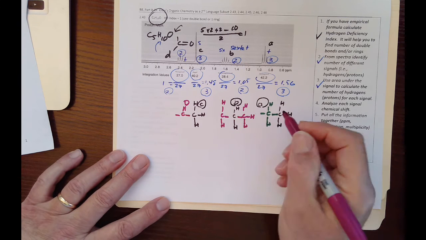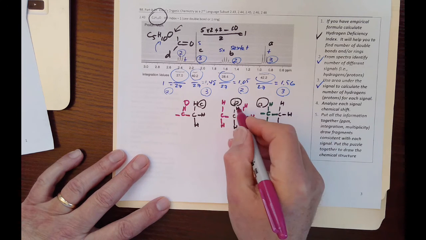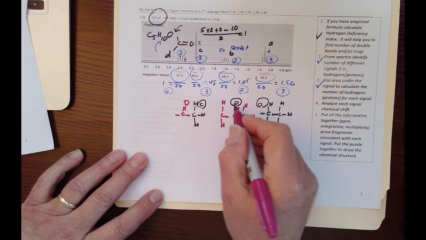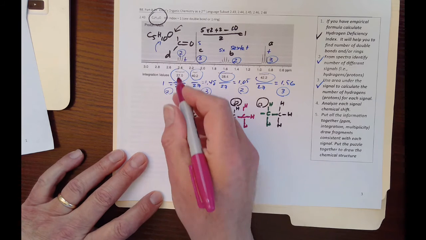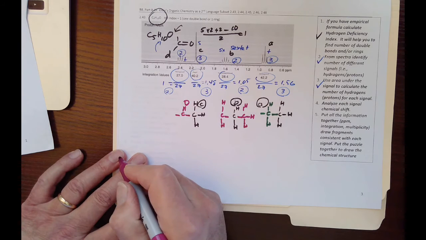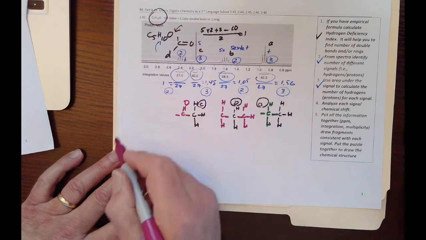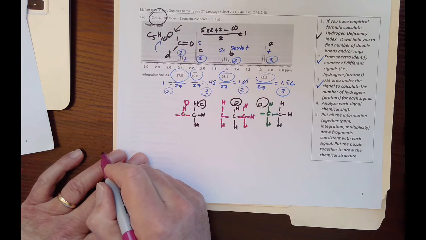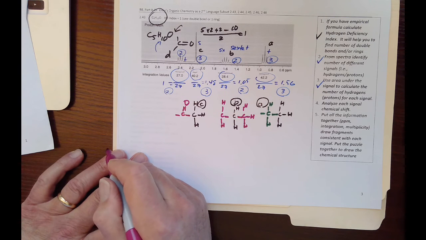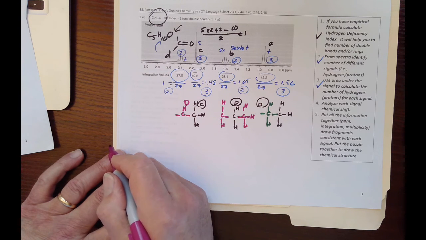We have some idea for A, B, and C. Let's look at the last one, which we call D. D basically is a triplet, and there are 2 hydrogen underneath.